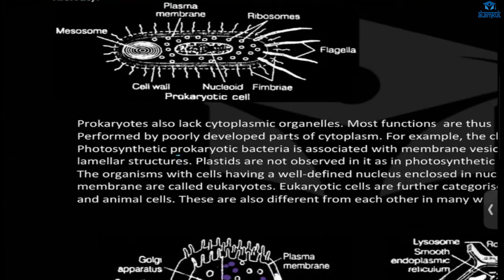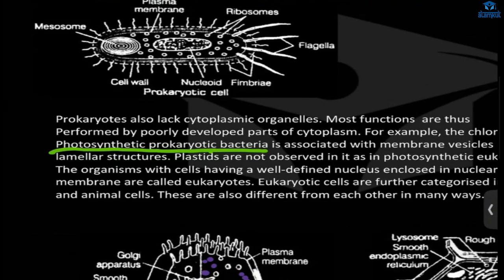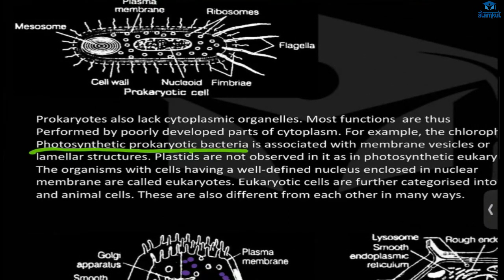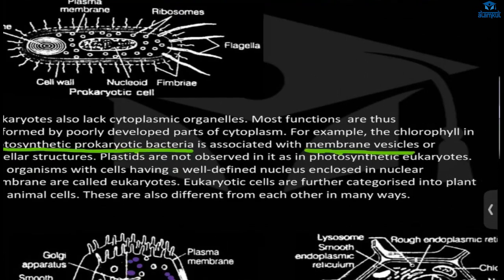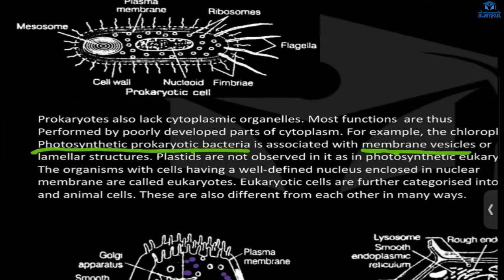Photosynthetic bacteria have membrane vesicles, which contain the chlorophyll. They are autotrophic, but they don't have plastids. The vesicles are lamellar structures which contain the chlorophyll.